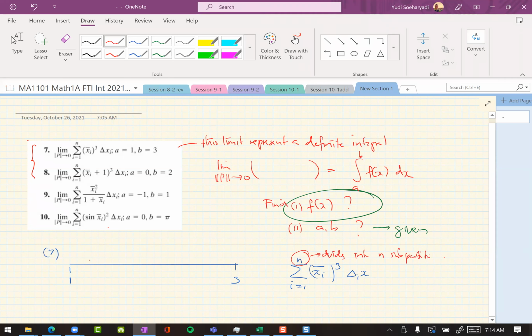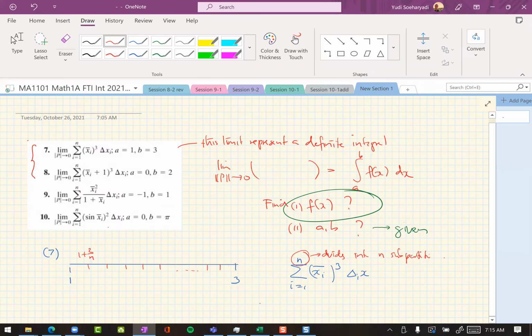Okay, so how to do this one? Well, the first point is 1 plus 2 over n. Why 2 over n?